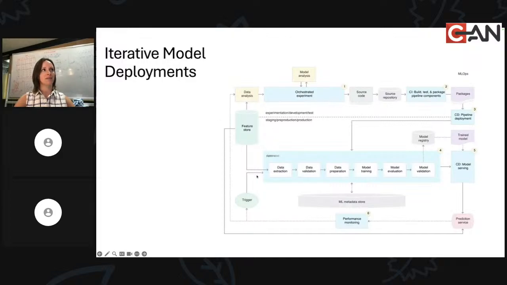So you'll probably have a feature store, data analysis, model analysis and experimentation, and then you're deploying your model as code to a repository that builds and tests packages and deployments. You have your CI/CD pipeline, which is the process that builds your model: data extraction, validation, data preparation, training, evaluation, model validation.